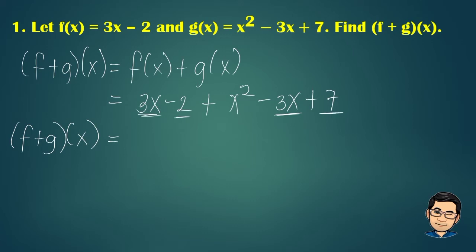Again, kapag sinusulat natin yung sagot dito sa mga functions na to, make sure in standard form pa rin sila. So, mauuna ang x squared, and then 3x minus 3x, that is 0. So, and then negative 2 plus 7, that is 5. So, our answer will be x squared plus 5.